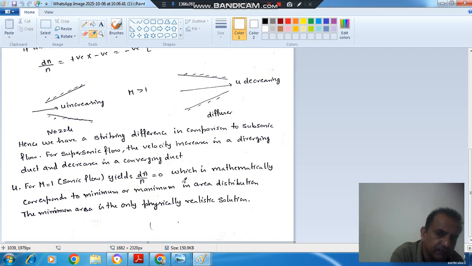But generally the minimum area is the physically realistic solution. Generally we have minimum area at this section. According to mathematics, it can be minimum area or maximum area, but it is the minimum area in the real sense when M is 1.